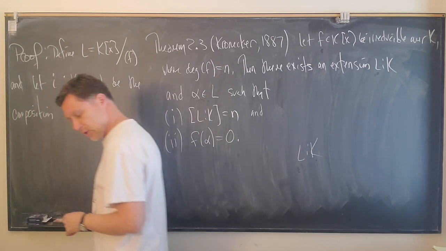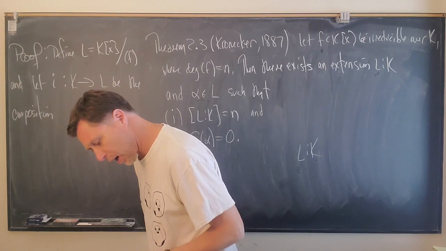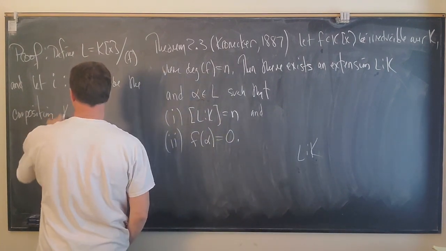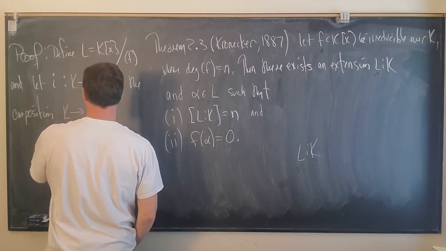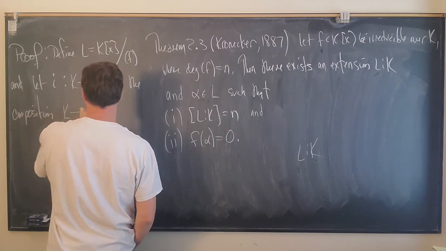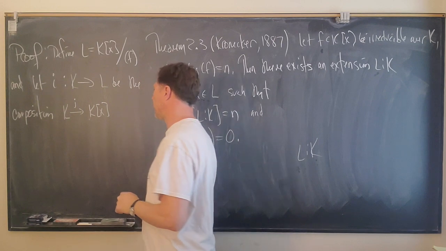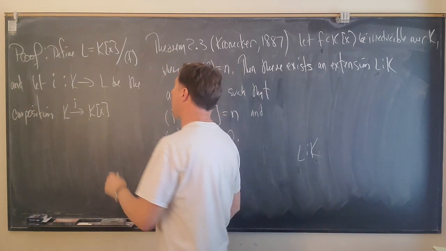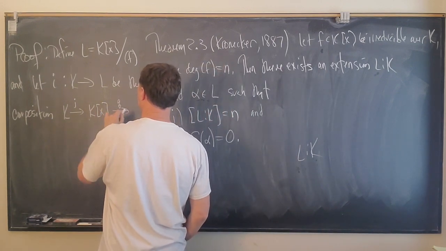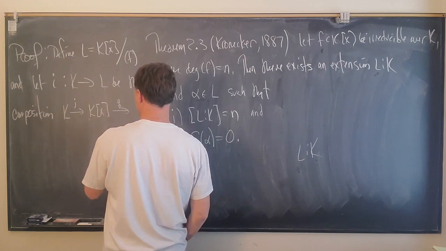It's a two-step process here. So we can think of K as sitting inside K[x] just by inclusion. I'll write that down, so that's a little mapping J, and then Q into the quotient.